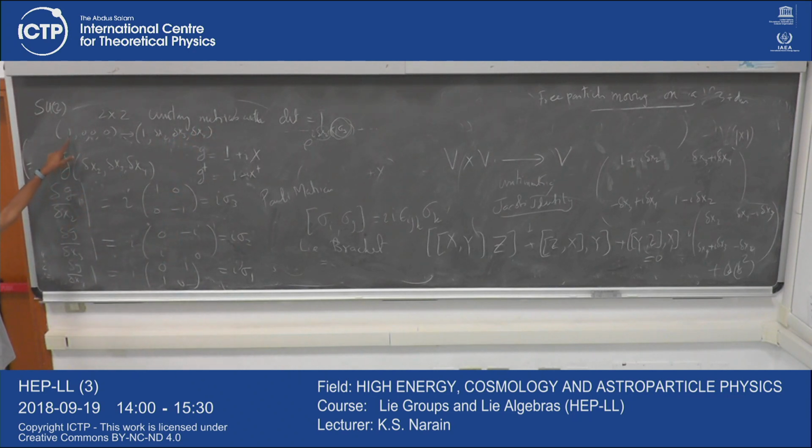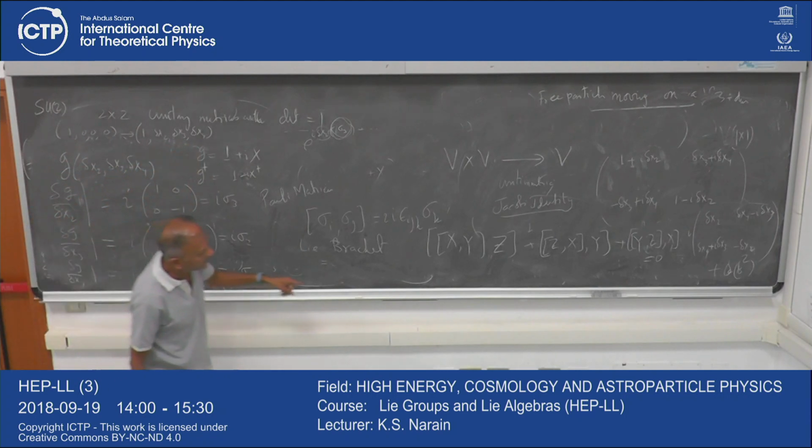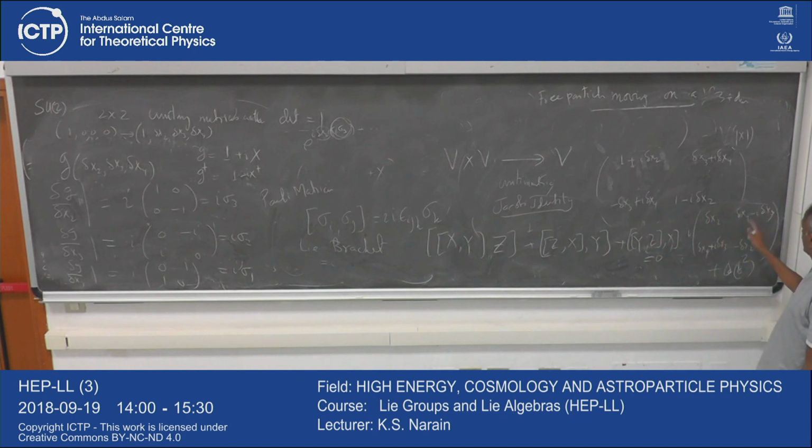Did I erase that? No, I didn't. You see, delta x2 is multiplying sigma 3 and sigma 2 and sigma 1. They're all traceless. The reason is that delta x1 is 0.